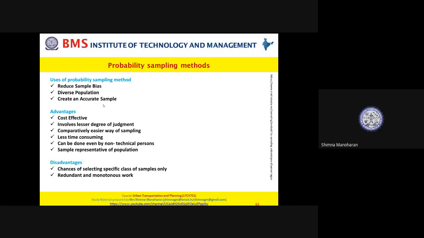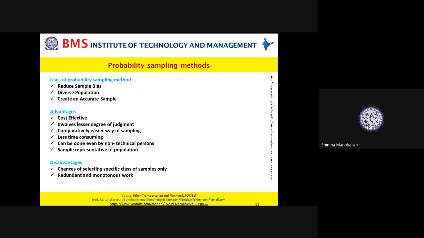In non-probability sampling, you choose without any statistical theory, based on your convenience, so you need some judgment in how you choose the data. But here, since statistical theory comes into the picture, less judgment is required and it's comparatively easy. It's less time consuming and can even be done by a non-technical person, because there are steps to be followed, and you get a sample representative of the population.